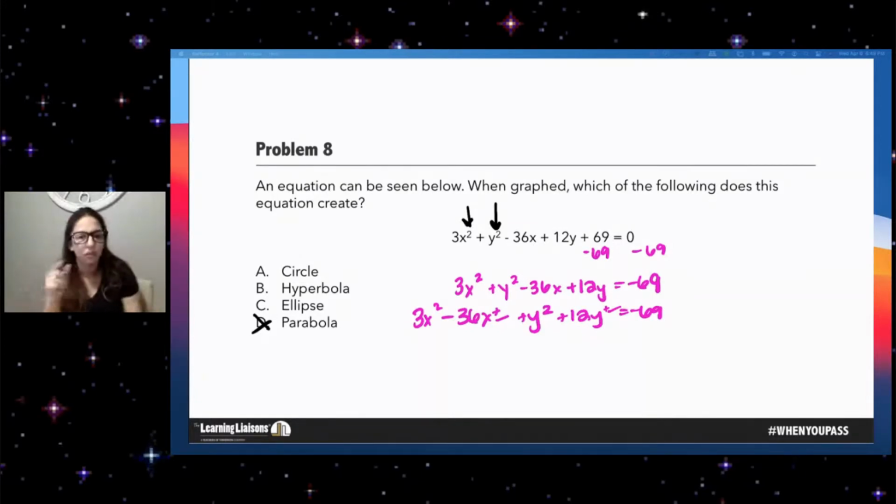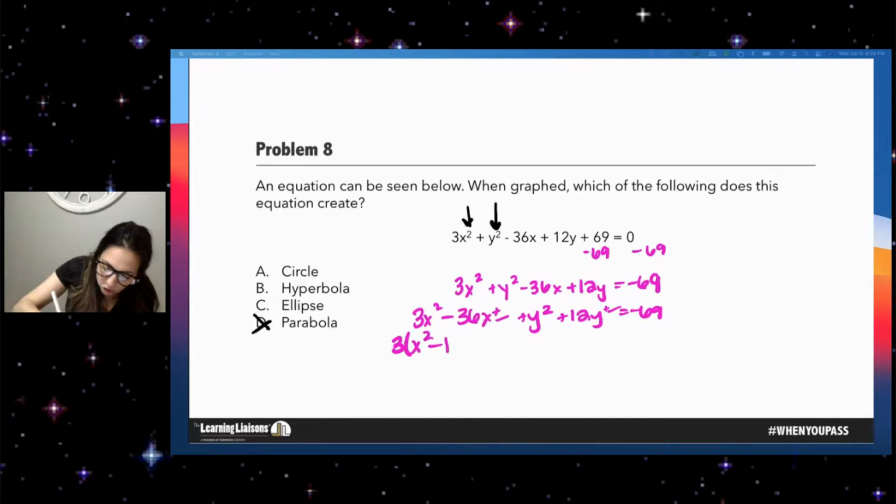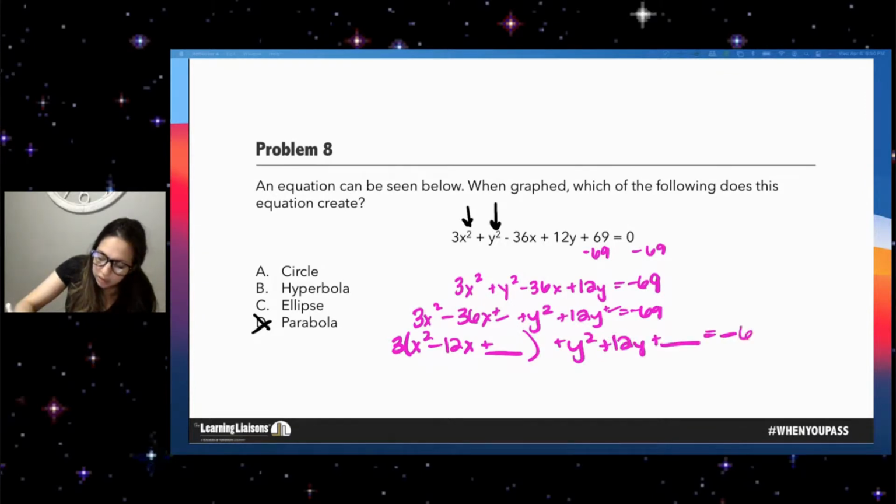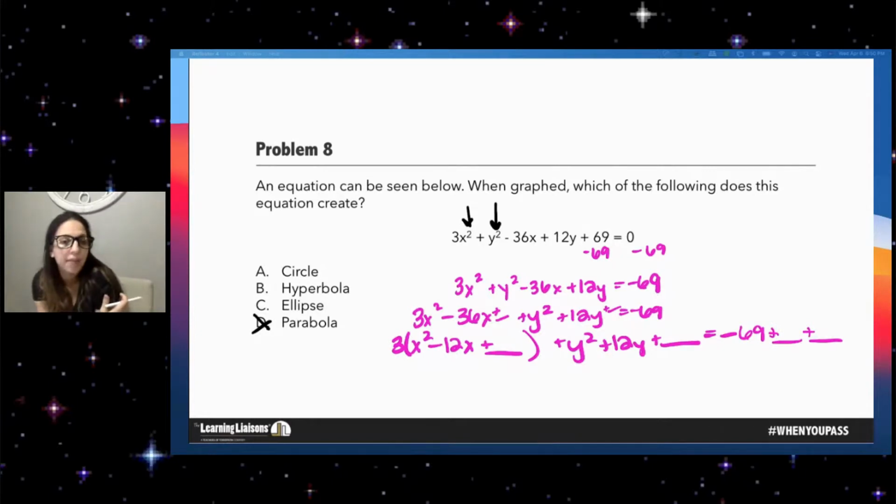And I'll talk about the difference between circle, hyperbola, and ellipse here in a minute. So before I do that, I'm going to factor a value of 3 out of this 3x squared minus 36x. So I'm going to get 3 times (x squared minus 12x plus blank) plus y squared plus 12y plus blank equals negative 69 plus blank plus blank. Why did I do plus blank on that side?